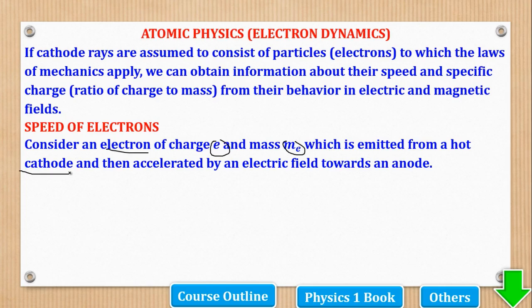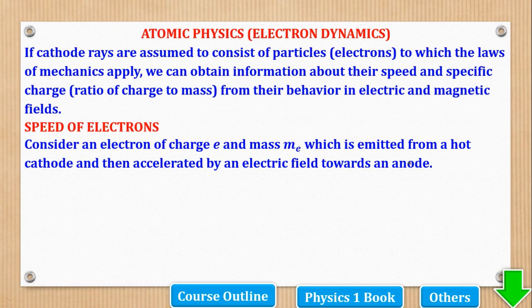Remember, we have already seen that when a cathode is heated, thermionic emission occurs, and thermionic emission means emitting of electrons when the surface is heated. So when the cathode is heated, electrons will be emitted, and these electrons will be accelerated by an electric field towards the anode. So there will be an electric field between the cathode and the anode.